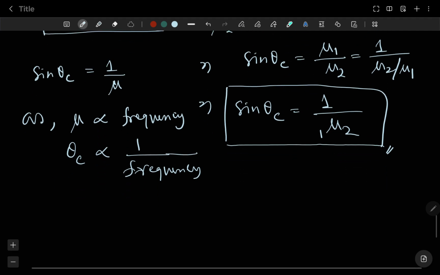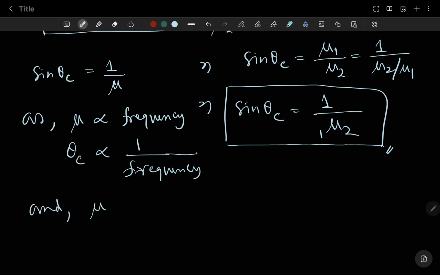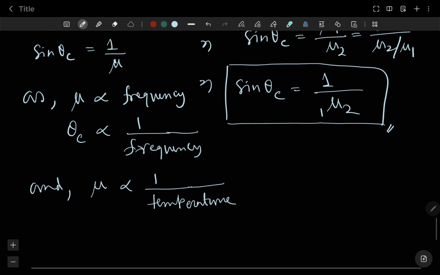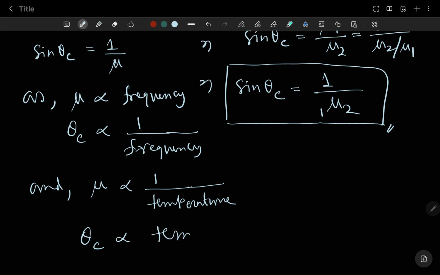Okay, and usually mu is inversely proportional to temperature, right? If temperature increases, then mu decreases. Okay, so theta c will be proportional to temperature. Fine. So as temperature increases, the critical angle will also increase.